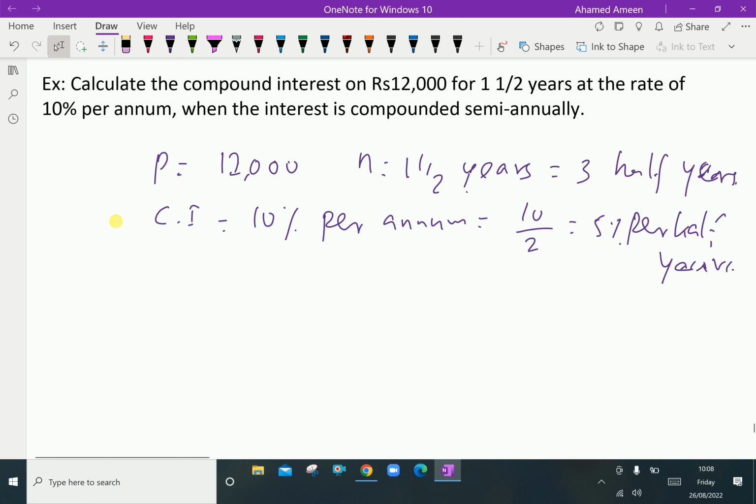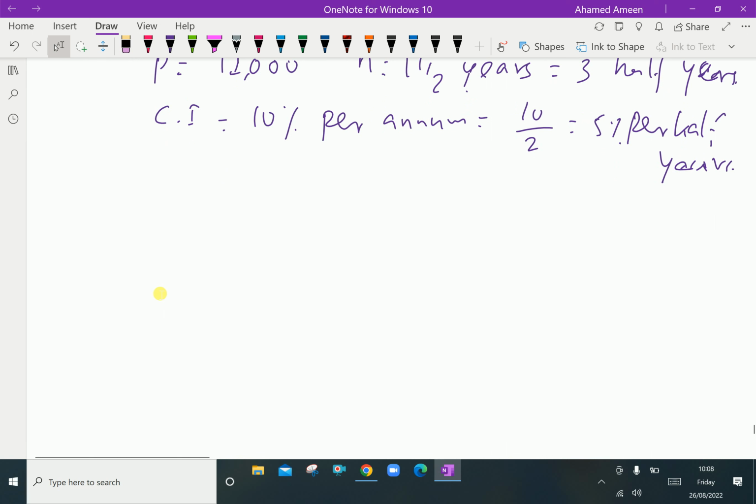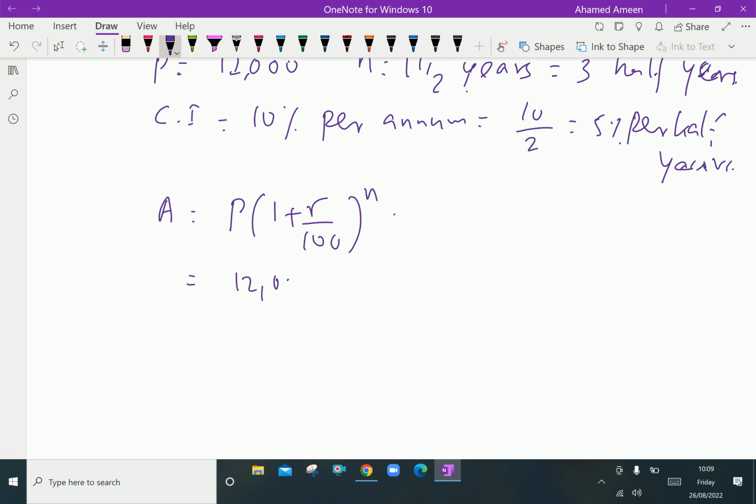Now we will use the formula A equals P into 1 plus R upon 100, power n, which equals the principal 12,000 into 1 plus 5 over 100, power 3.